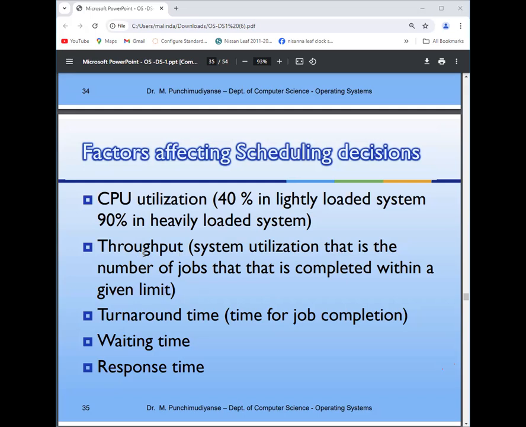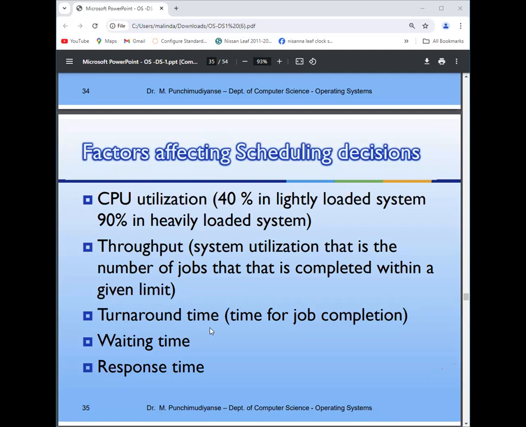So throughput I have explained. The number of jobs completing in a given time has to increase when you take the scheduling decision. If the number of jobs completing is reduced when you take a scheduling decision, then you need to think twice before scheduling that job onto the CPU. Right. So that is the second point.